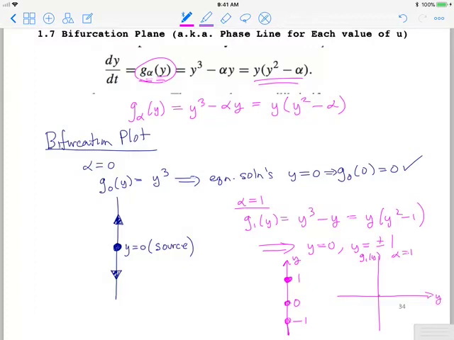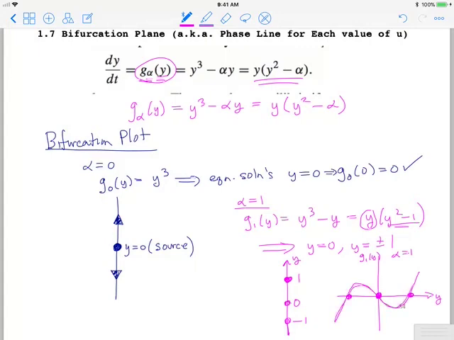So you'll get a 0 here and a 0 at 1 and negative 1. When y is between 0 and 1, y is positive, and y squared minus 1 will be a negative number. So the graph has to be down here and then come up and turn like this.